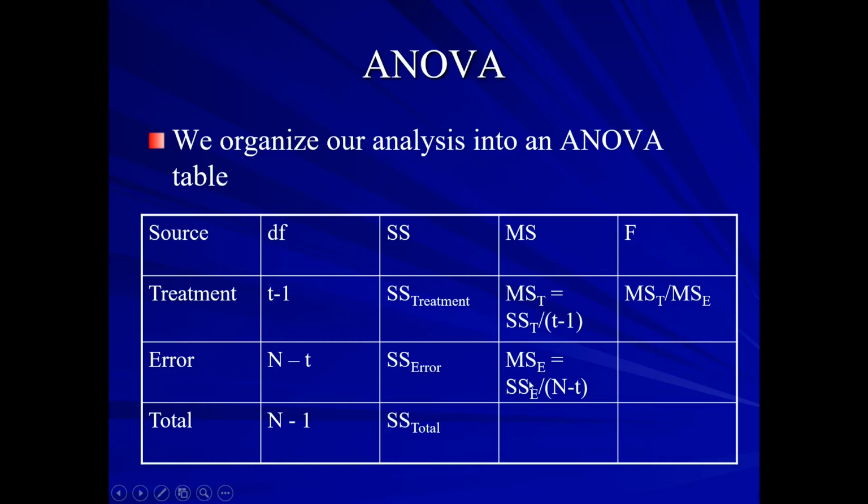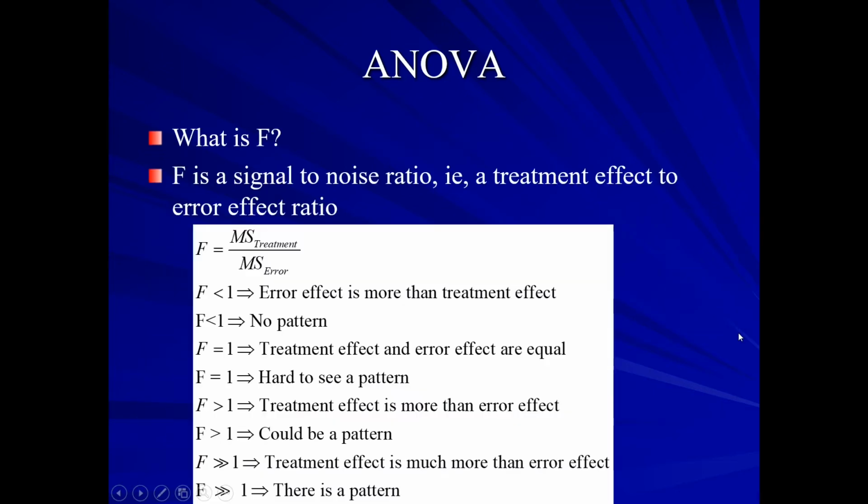And our mean square error is going to be the sum of squares error divided by its degrees of freedom. And once we've calculated our mean square treatment and mean square error, we can then calculate our F value, which is going to be mean square treatment over mean square error. So what is F? Well, it's a signal to noise ratio. In other words, we're looking at the ratio between our treatment effect and our error effect.